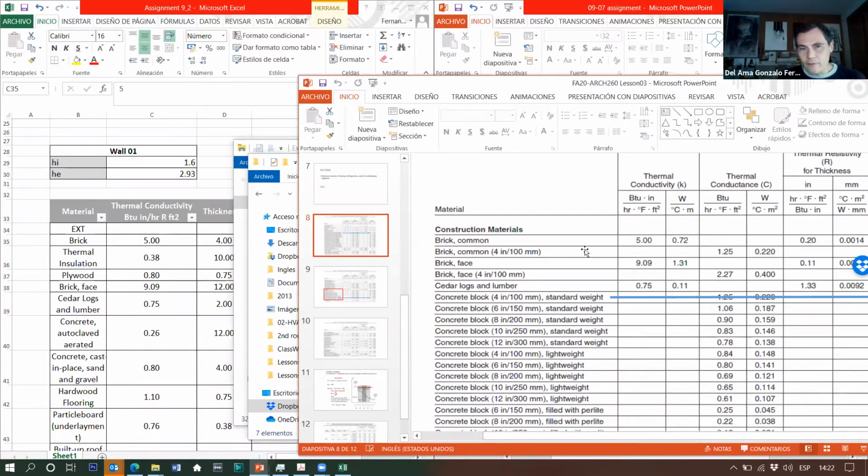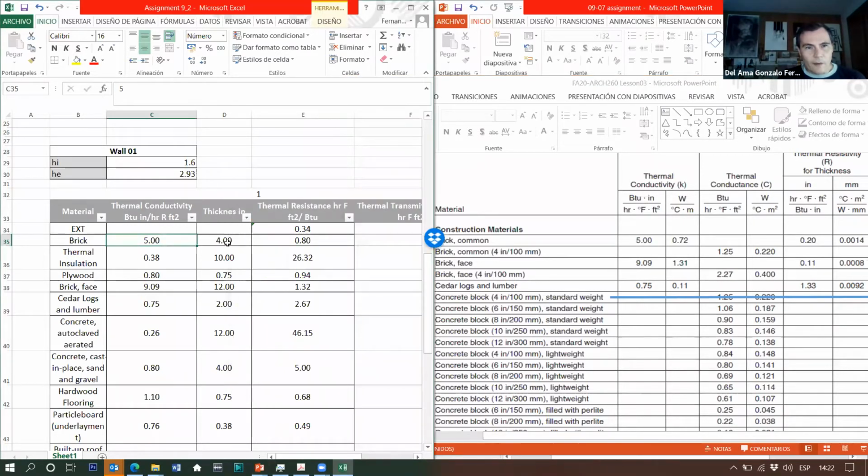So this is 5, and the thickness, sorry, it's 4. So I click here, and the formula should be thickness 4, which is the 35, divided by the thermal conductivity, C35.